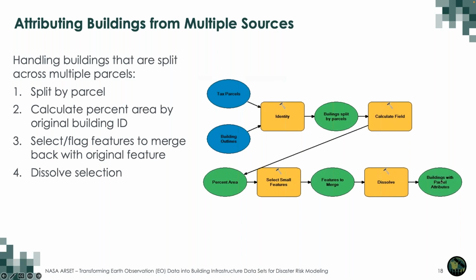And so at the end, you have your buildings with the parcel attributes, a number of which have been split into two or more when they cross parcel lines. Other ones that cross parcel lines were reassembled back into the original building footprint and just got the tax parcel attributes from the largest share of area of overlap between the building footprint and the tax parcel, right? So at the end of the day, the tax parcels were not the definitive geography per se. They were what was used to transfer the attributes and split a select set of the buildings into multiple building footprints.